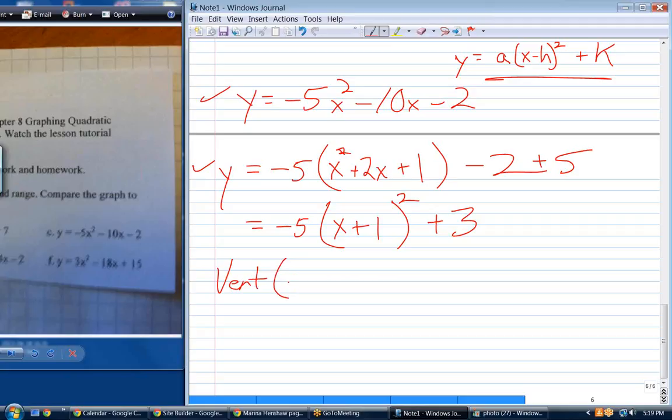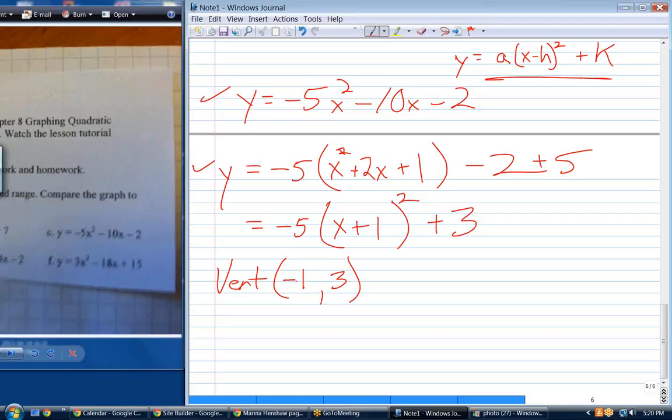Okay. Where's my vertex? 1, 3. Negative 1? Let's examine that, because you seem to be confused on that. So I say that h is negative 1. Remember, the vertex is not minus h. The vertex is at h, whatever h is, and k.